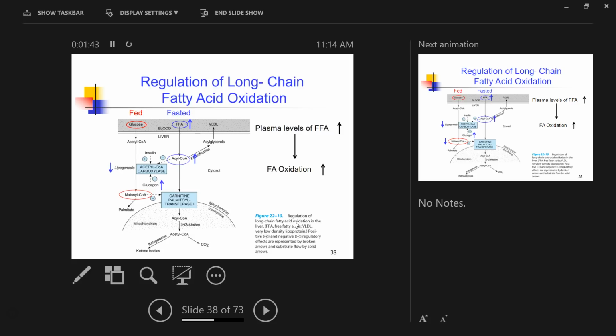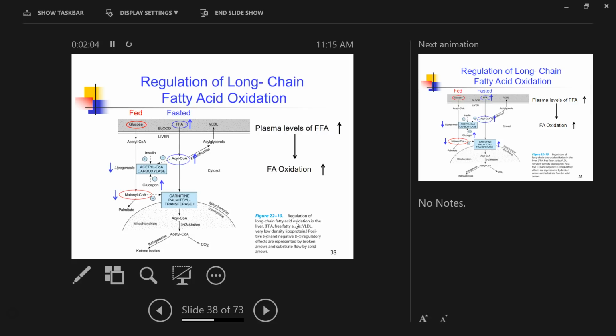The key reaction this enzyme catalyzes is the formation of malonyl-CoA, and malonyl-CoA is the key substrate you have to remember.